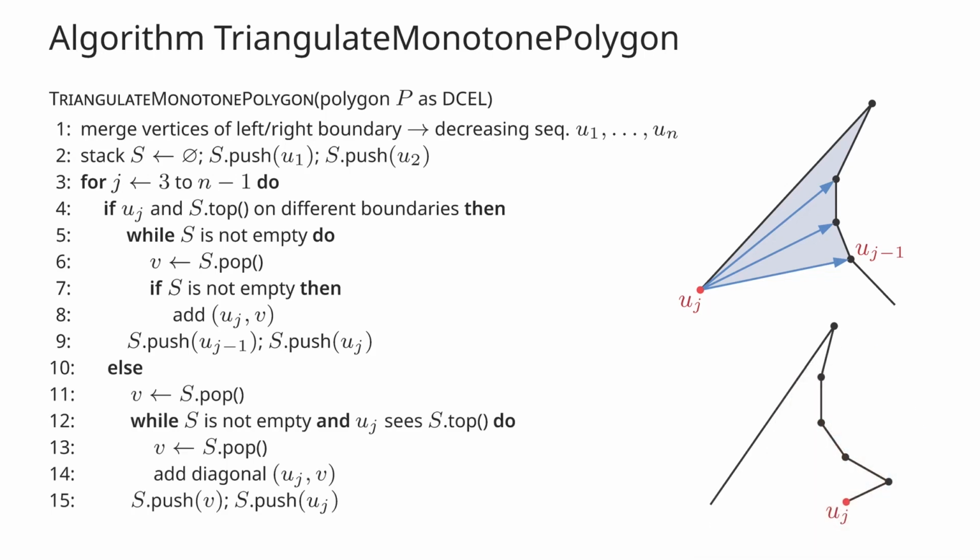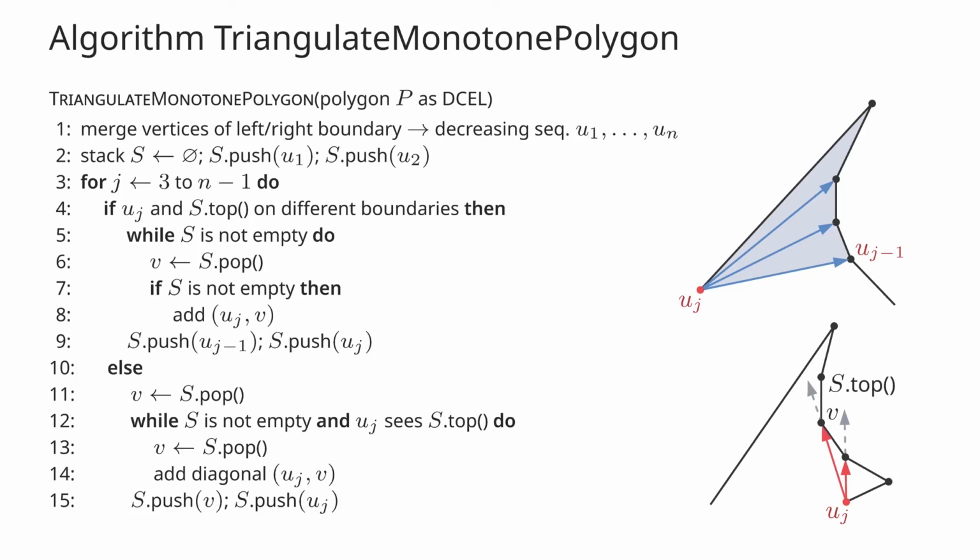In the second case, where uj and the top vertex of the stack lie on the same side of the boundary, we are going to pop the vertices from the stack one by one, and we're going to insert the diagonals into the polygon, connecting the vertex from the stack to uj, as long as uj sees that vertex from the stack.